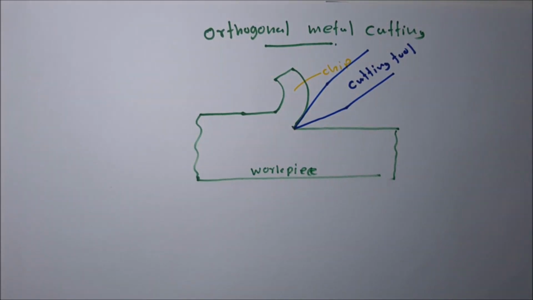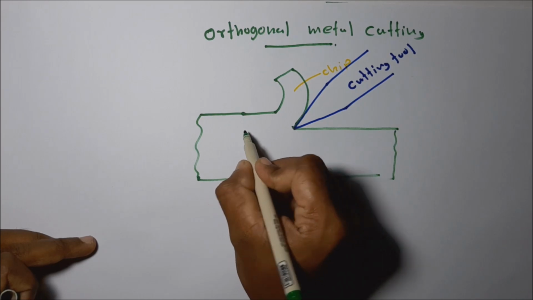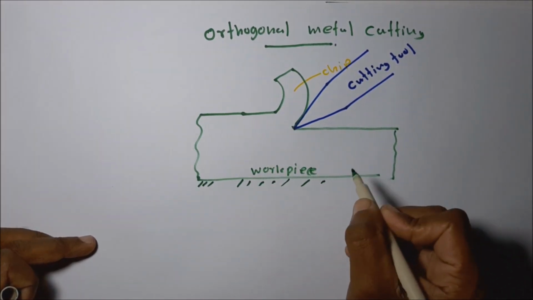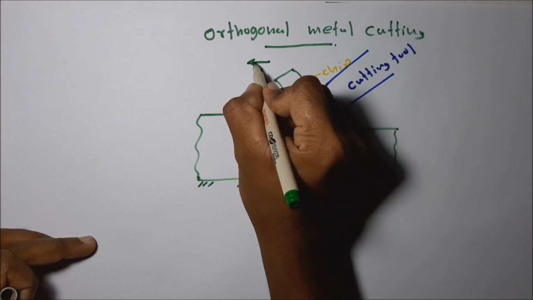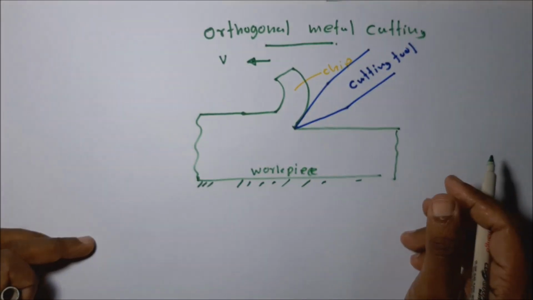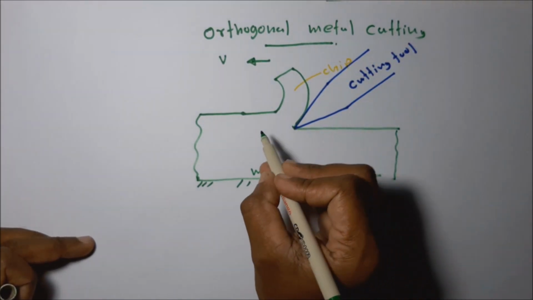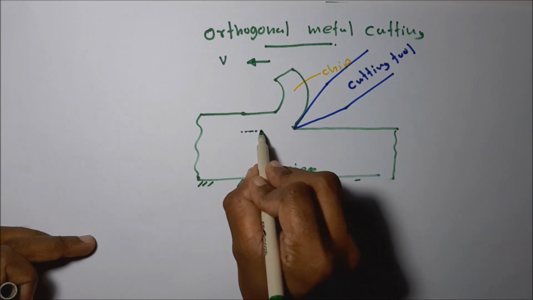Okay, let's take this as a clamp on a machine tool table. The tool is moving in this direction with the cutting speed. Then I'm going to introduce another important parameter, rake angle. Let's take this as the expected finish surface.